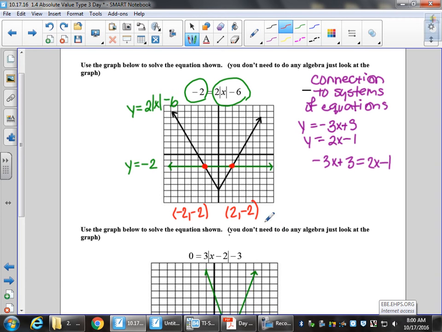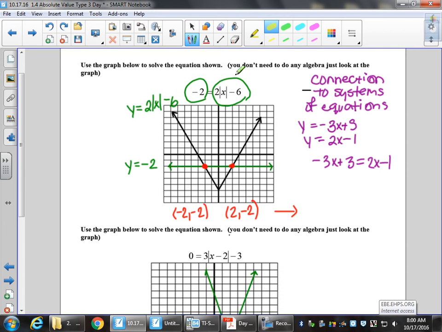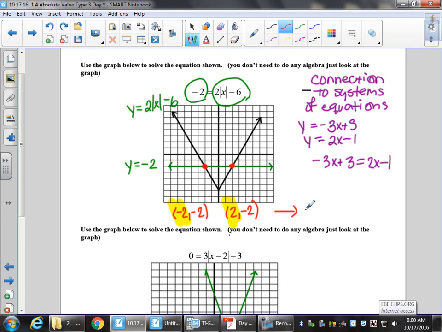Let's realize what this means. My answers for this equation are the x values: x equals -2 and x equals 2. And we're actually going to prove it to ourselves. How would we do this if we did not have the graph?